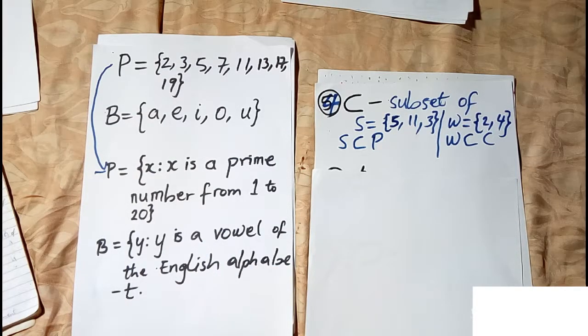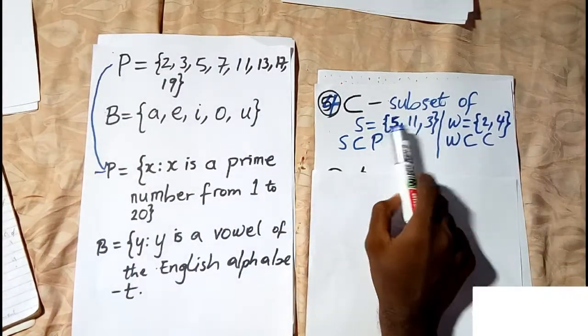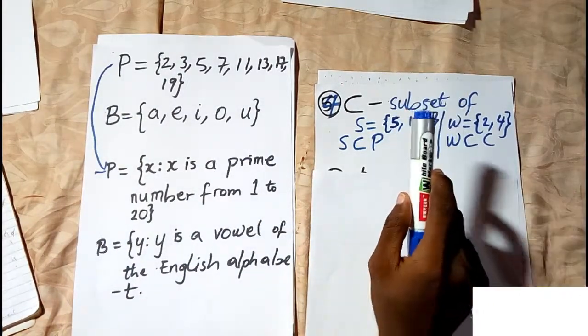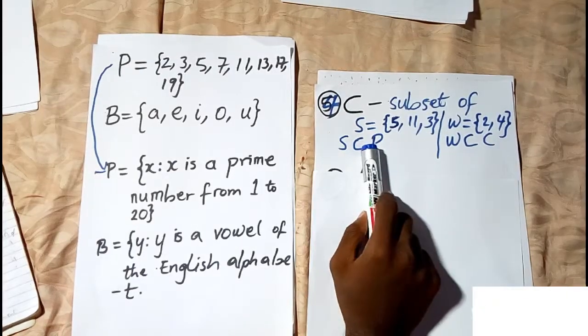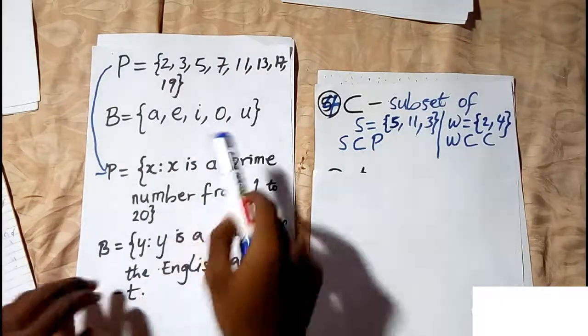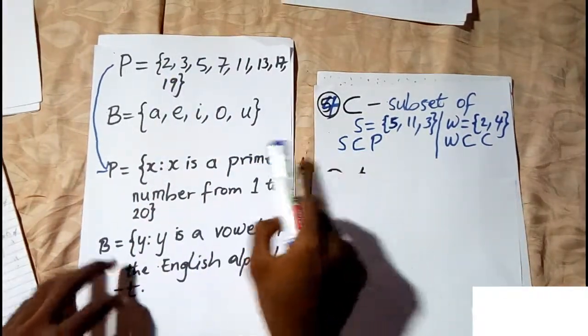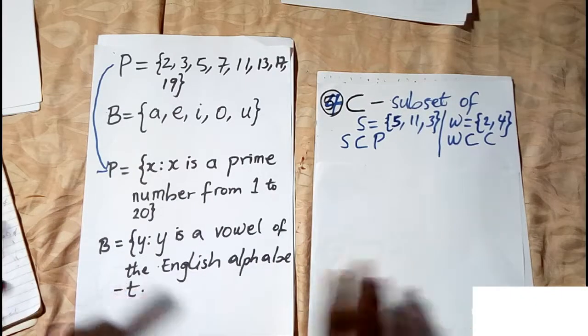That is, S is a subset of P because all the elements in S can be found in P. Now, S is a proper subset because at least one element in P, which is a prime number, cannot be found in S. So it's a proper subset.